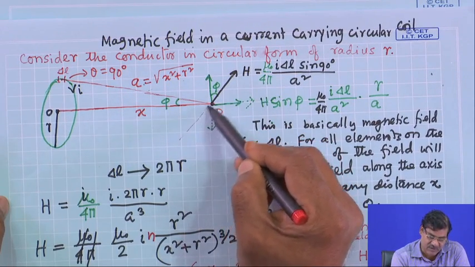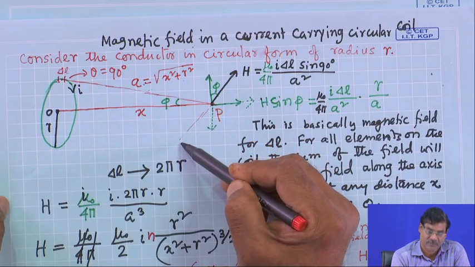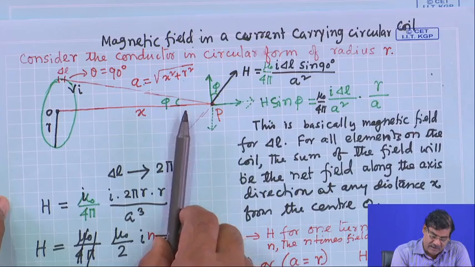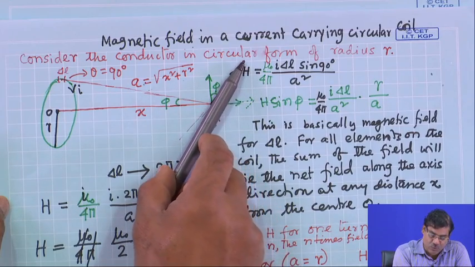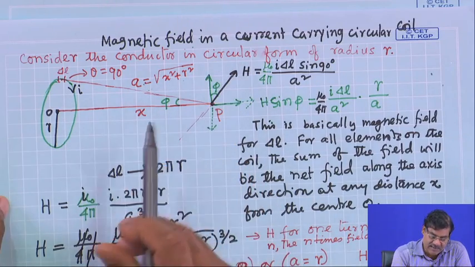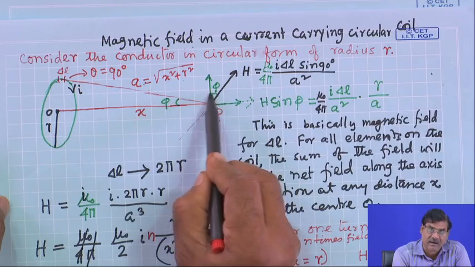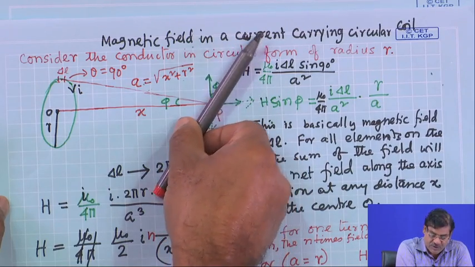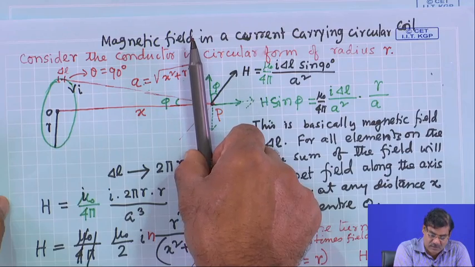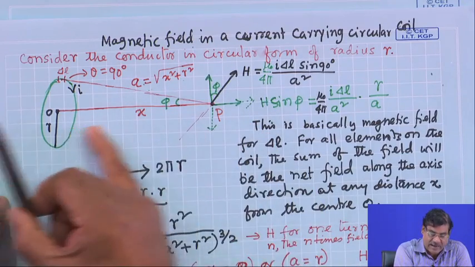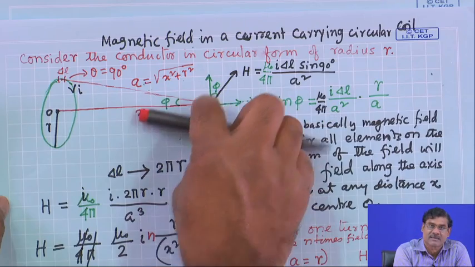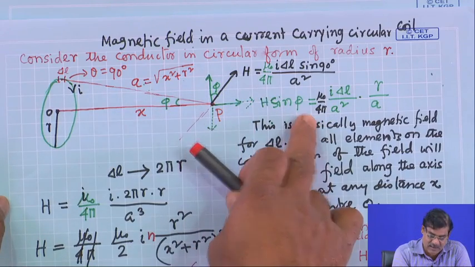So, it will be this way, okay. Now you see, it will have basically two components. If this angle is phi, so this will be the phi. So, h cos phi, it is perpendicular to the axis, and another h sin phi, it is parallel to the axis.